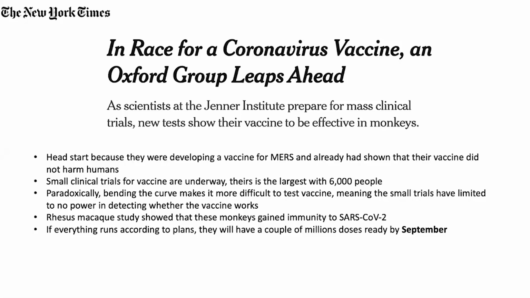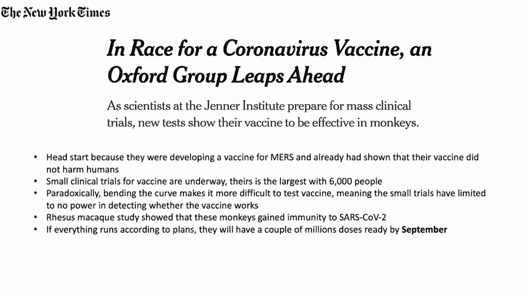Okay, so this vaccine coming out of Oxford has been tested on rhesus macaques. The study is small, just 6 monkeys, but they gave them a huge dose of SARS-CoV-2, so not MERS, but actually SARS-CoV-2, and they developed immunity to SARS-CoV-2. They didn't get sick. They all survived the study, so that's good news.